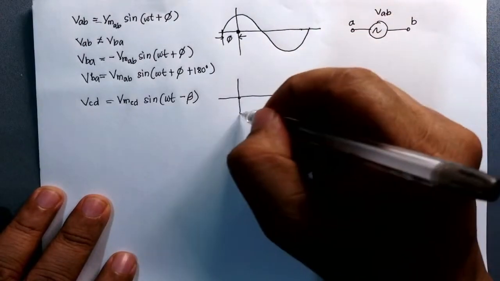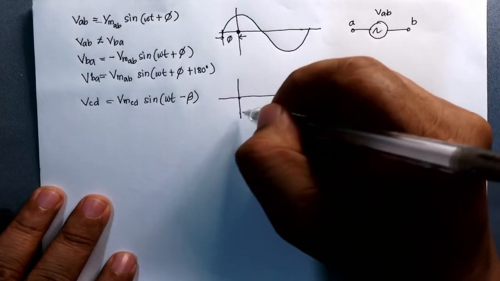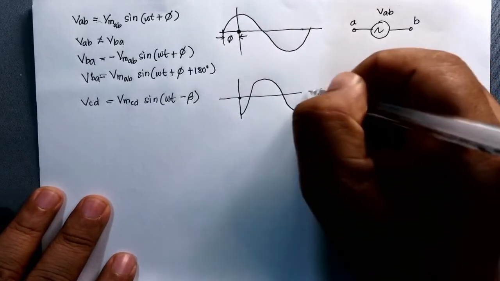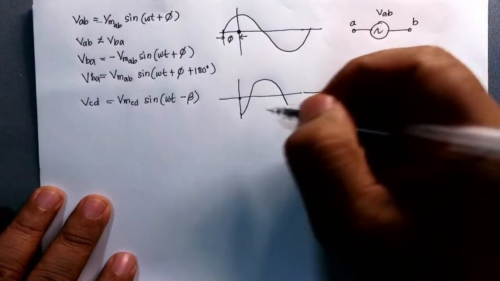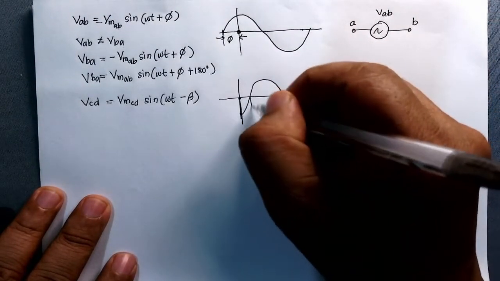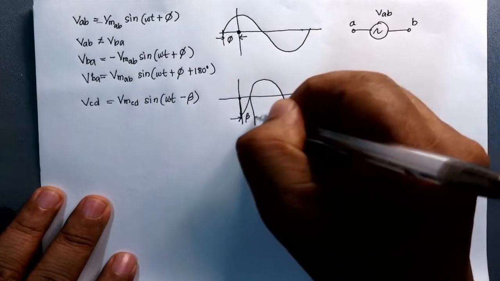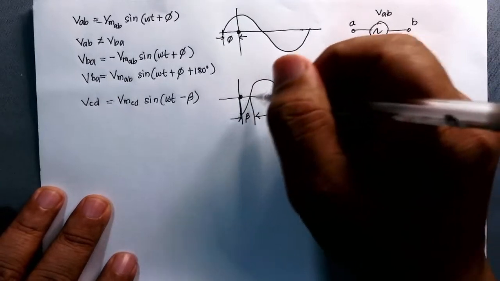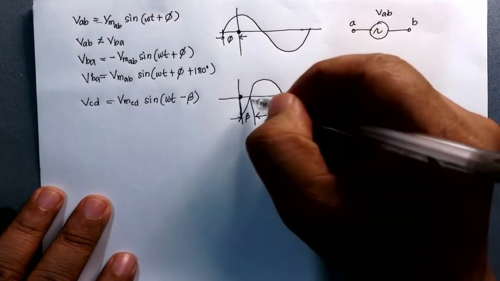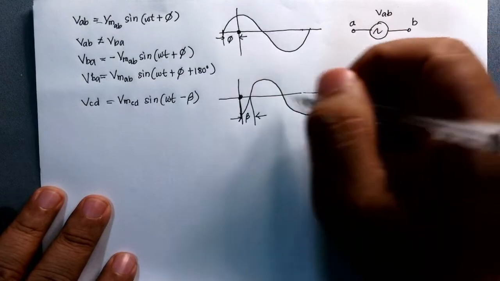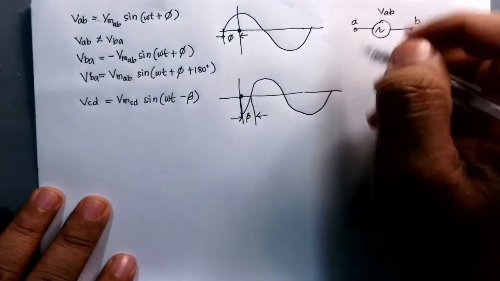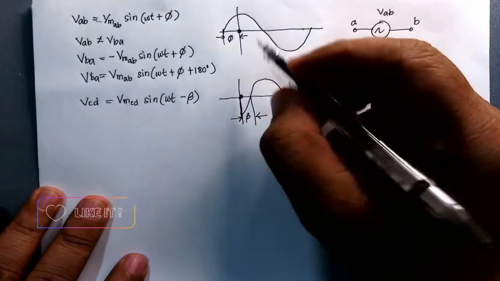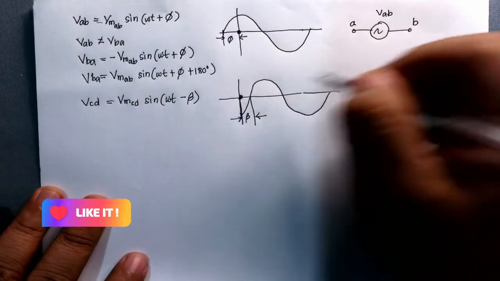So actually this is like this one. Okay, it's like that. So the angle beta is here. Okay, that is the angle after the origin and to the place where your curve hits the x-axis. That will be the beta. So negative beta, always remember that it is after the origin.